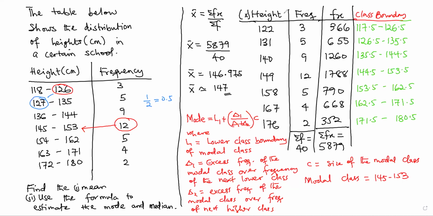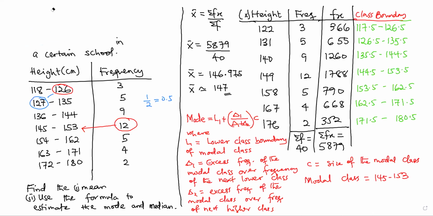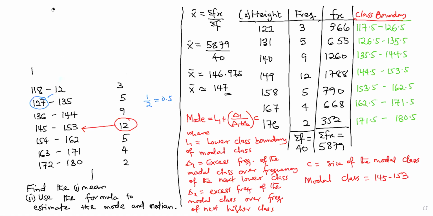So filling in all the class boundaries, this is what we had. Let me quickly clean this side so that we can solve the mode now. Now I think we are ready to go to solving the mode.